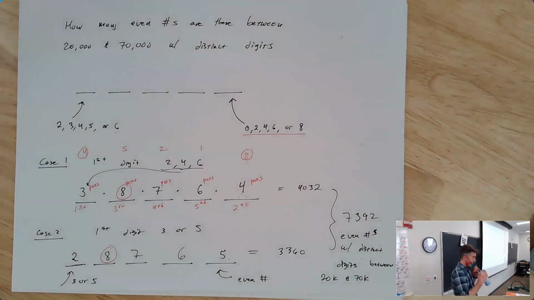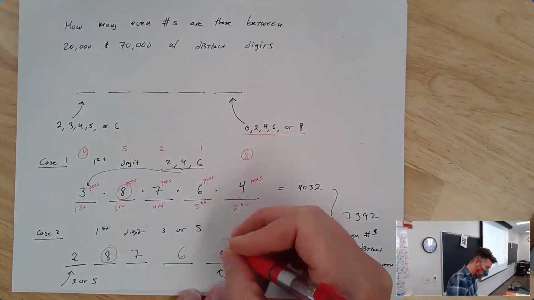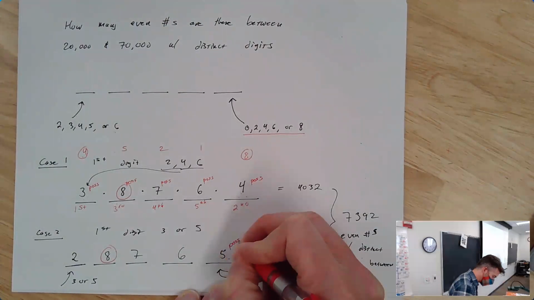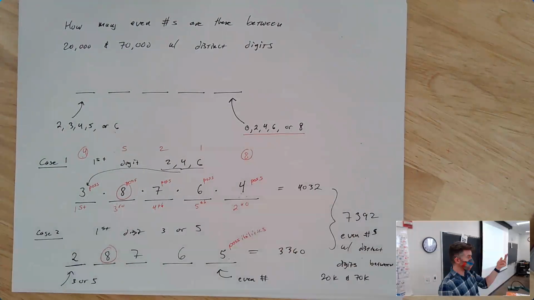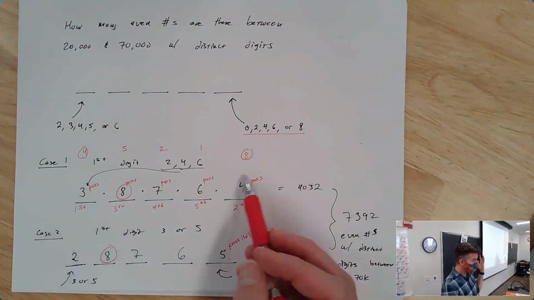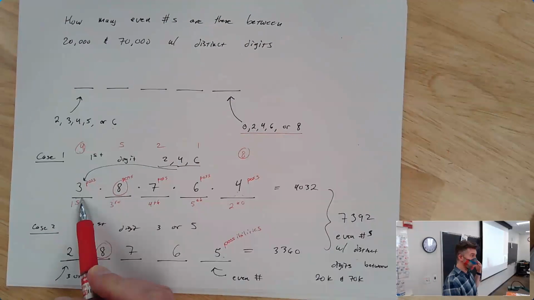Other questions? Wait, I'm so confused. Like, if you're saying that the last digit only has 0, 2, 4, 6, or 8, why is it 5? So again, it's not the number 5. It's that there are 5 possibilities: 0, 2, 4, 6, or 8. The reason it's 4 here is because we already used one of those even numbers in the beginning spot.